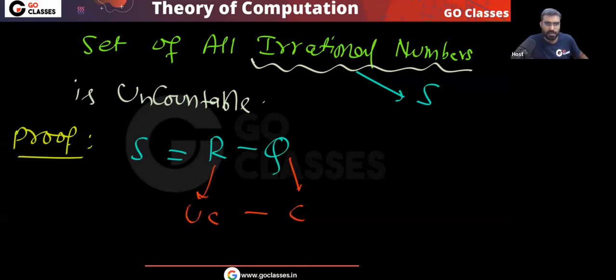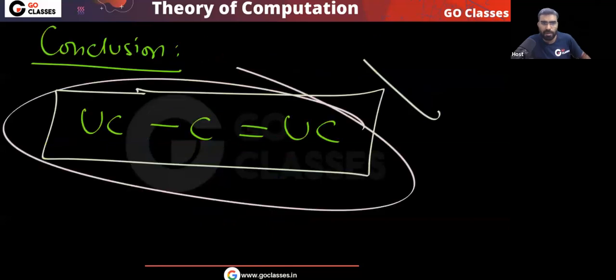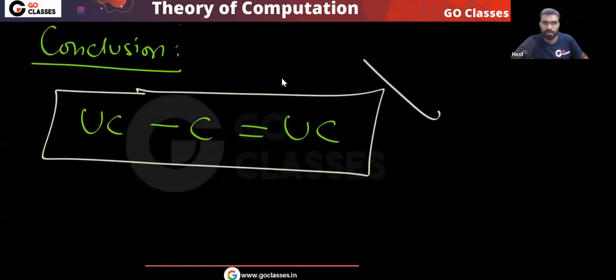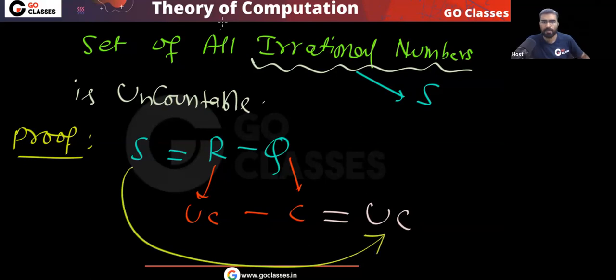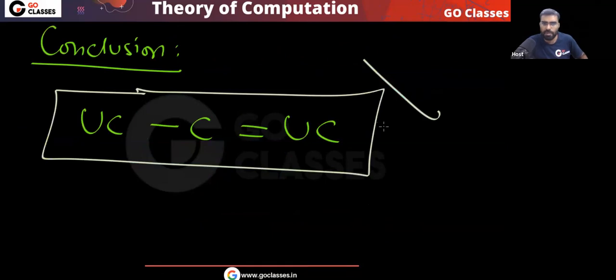We have already seen that uncountable minus countable is uncountable. Agree? Yes or no? So the set of all irrational numbers is uncountable, because uncountable minus countable is uncountable.